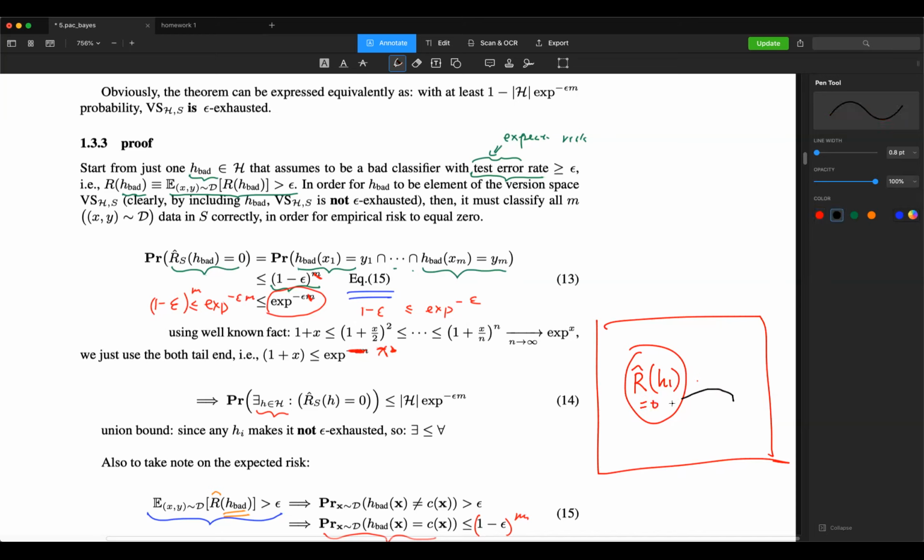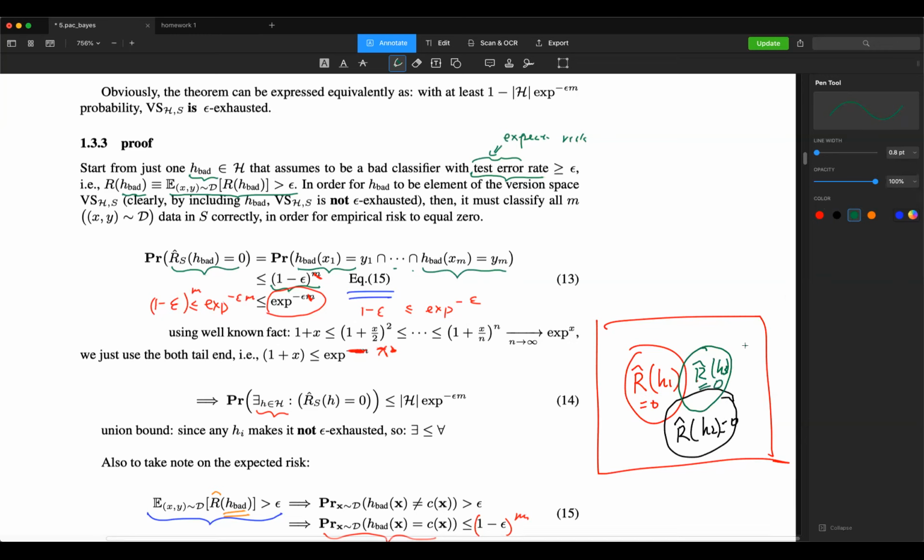And here's another one, the probability of hypothesis 2 to have empirical risk of 0. And here is the probability of hypothesis 3 to have empirical risk of 0.